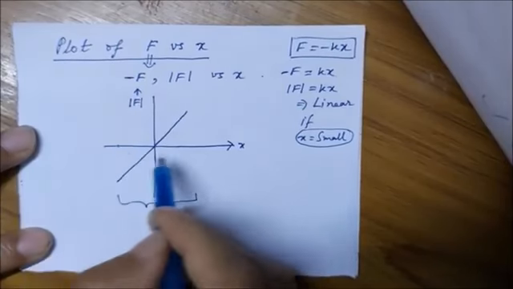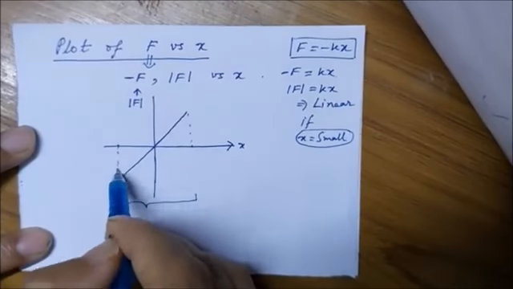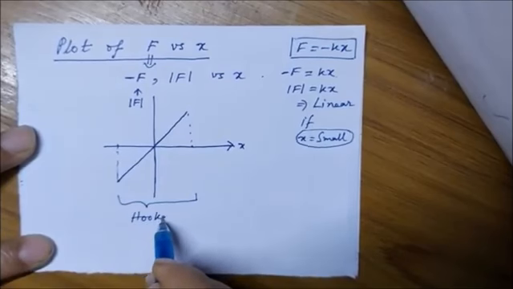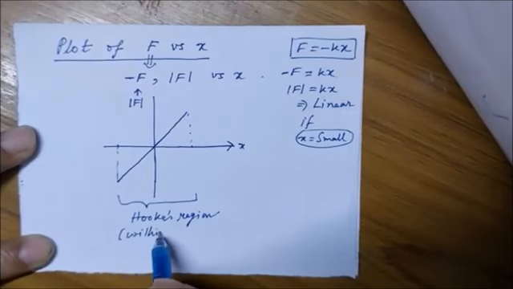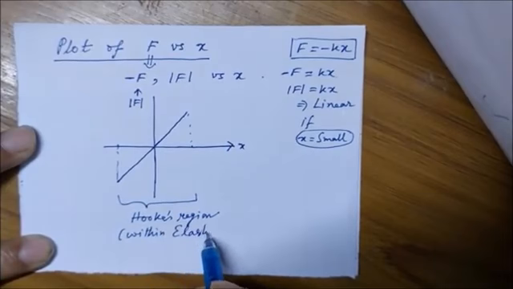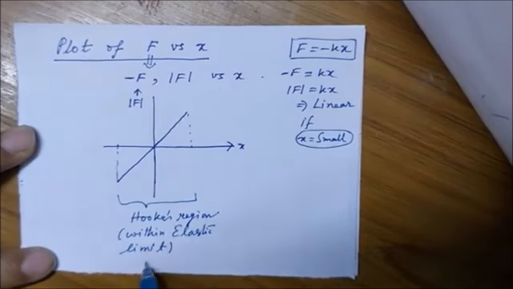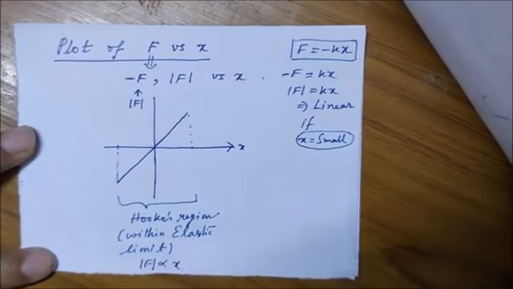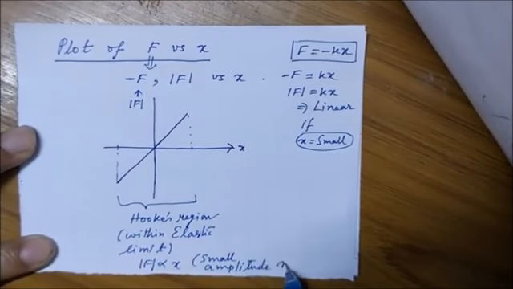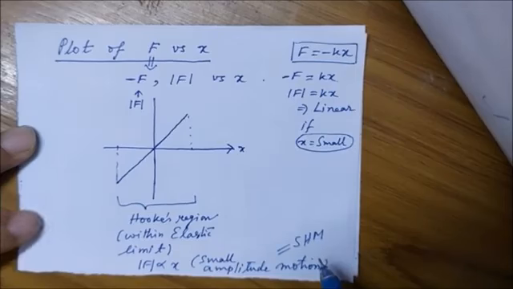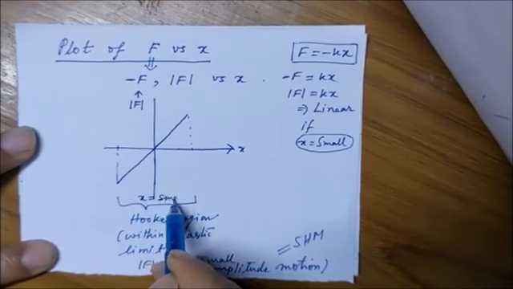And this region is called the Hooke's region, within the elastic limit. Only in this region f is proportional to x and small amplitude vibration occurs, which is a simple harmonic movement.